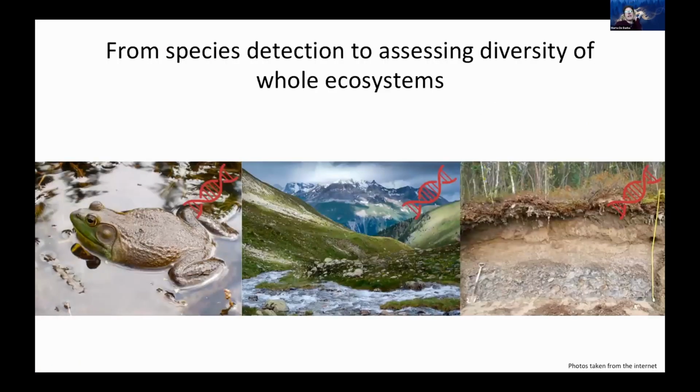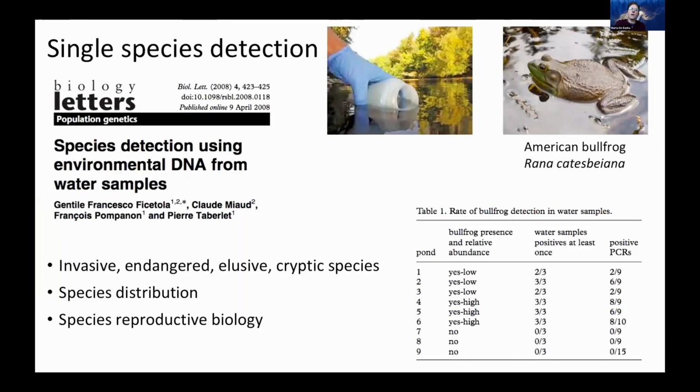So I will give now some examples, starting from the simple detection of single species to the detection of many species to describe biodiversity in ecosystems. So the earlier applications, as I said, concerned mostly the detection of single species. And here I'm giving the example of one of the first seminal studies.